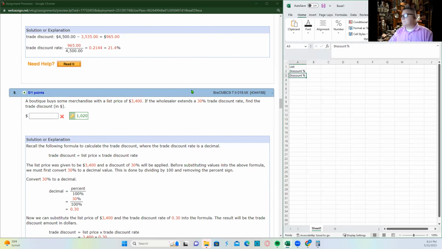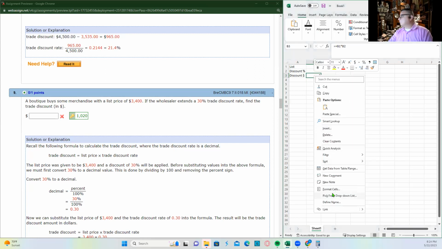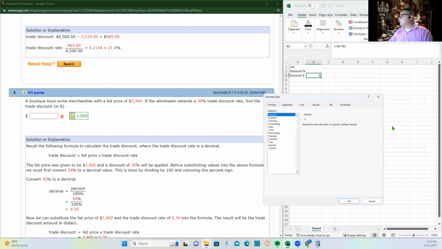Now we know our trade discount in dollars is going to be our list price times our discount rate. And so I already have that set up. I can go over here and turn that into dollars.